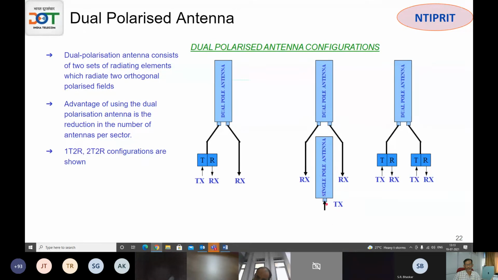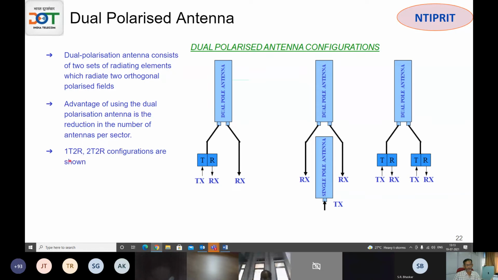Like this is generally not used: having a separate antenna for transmission and a separate antenna for reception, so as to avoid the diplexer, that is not used. Here, in 2G and 3G, we have one transmitter and two receptions. From the mobile, we are able to receive in two antennas for better coverage, but the transmitter is a costly component, so we have a single transmitter. So this is a 1T 2R concept.